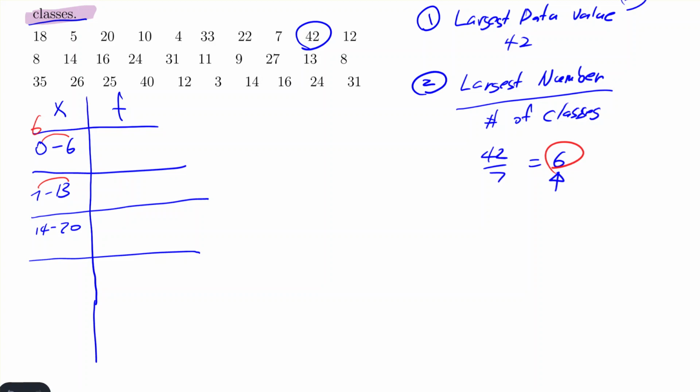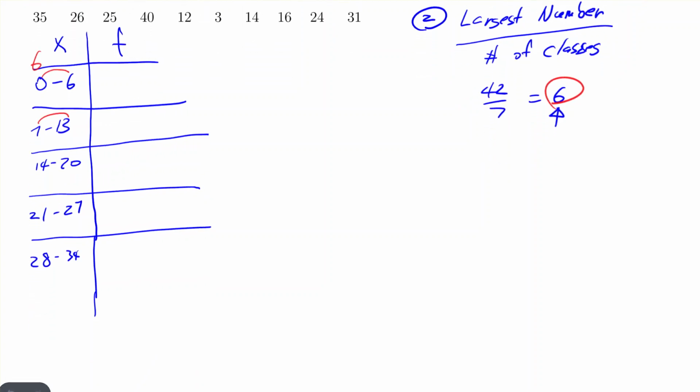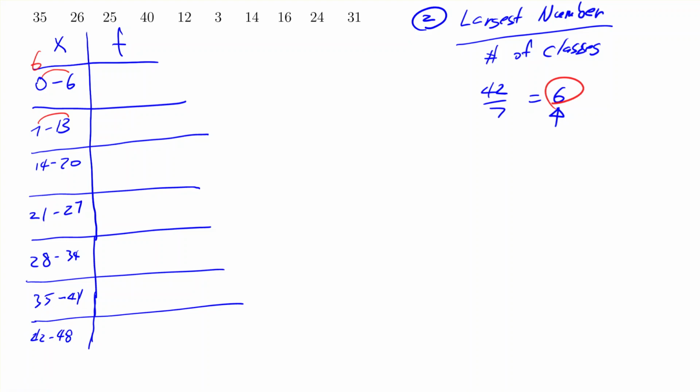Keep going. 21 to 27. 28 to 34. 35 to 41. And lastly, 42 to 48. By doing this, when we draw a histogram, the bar widths will be the same, all of length 6.